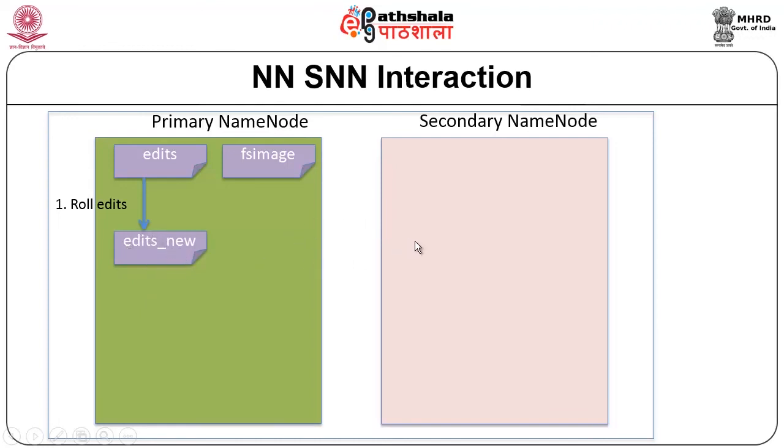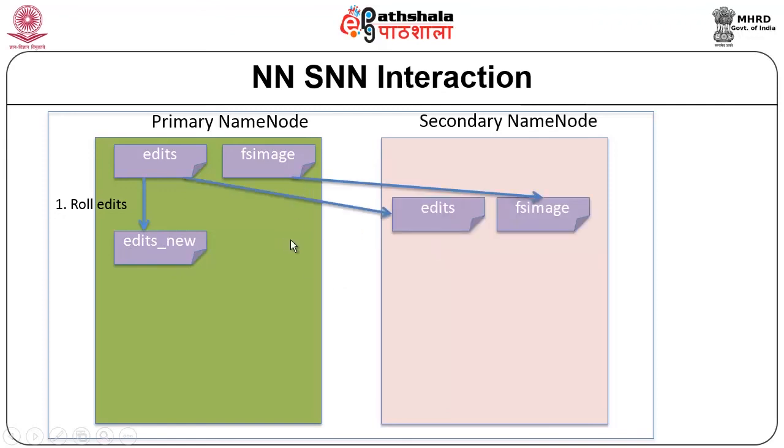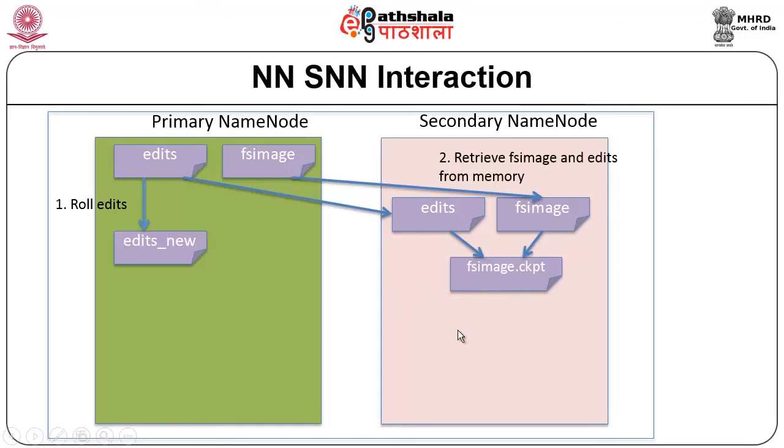After this has been started, the FS image and the edits are sent to the secondary name node. The secondary name node receives these two, and it applies the edits transactions to the FS image to create an up to date FS image which is called the FS image checkpoint. This is the complete FS image combining these two.